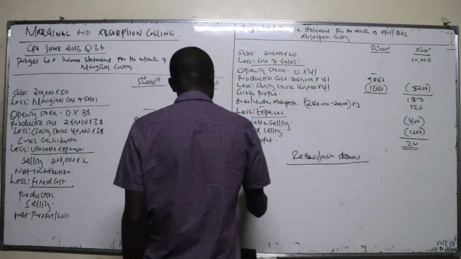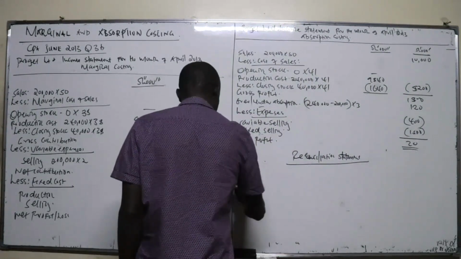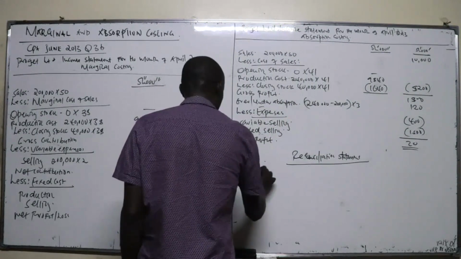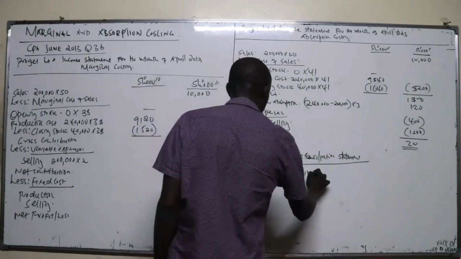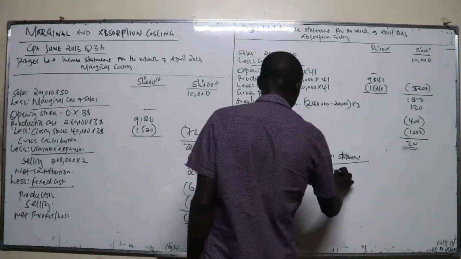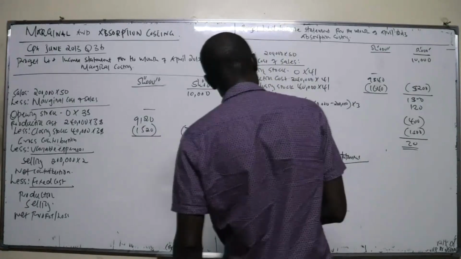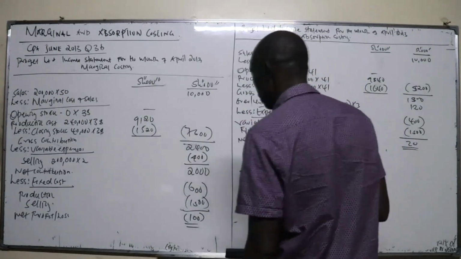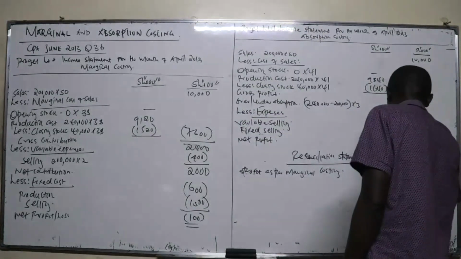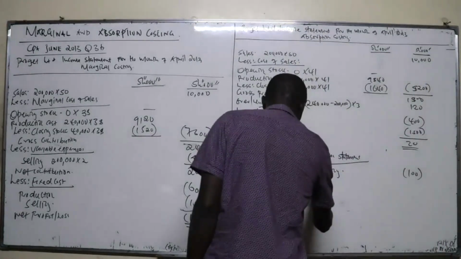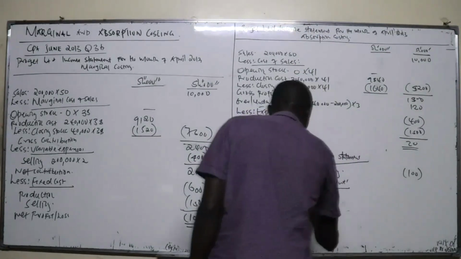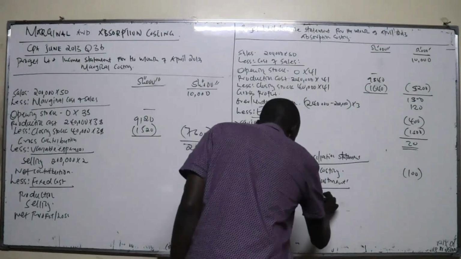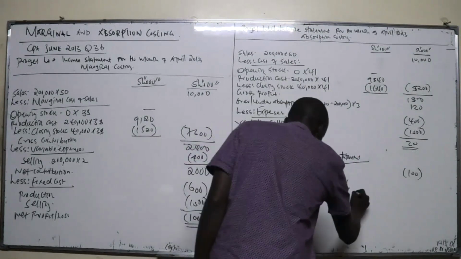So you can start with the profit as per marginal costing, which is negative 100. Then we have adjustment in stocks. So we have marginal minus absorption.